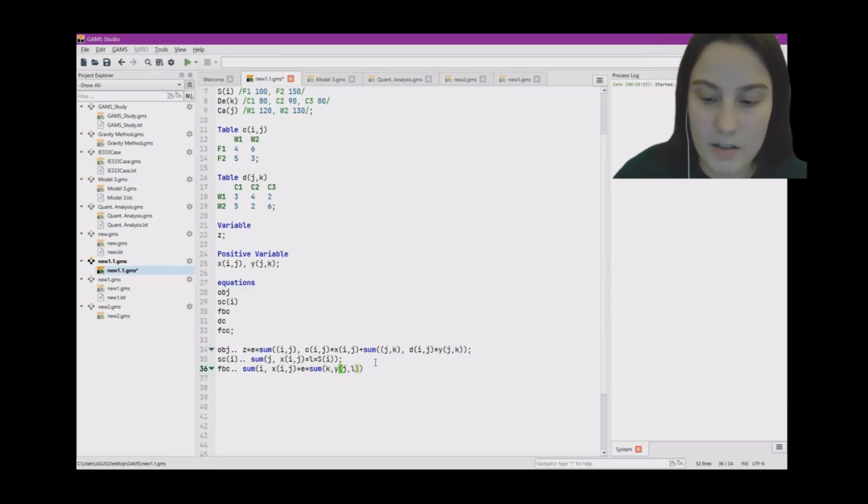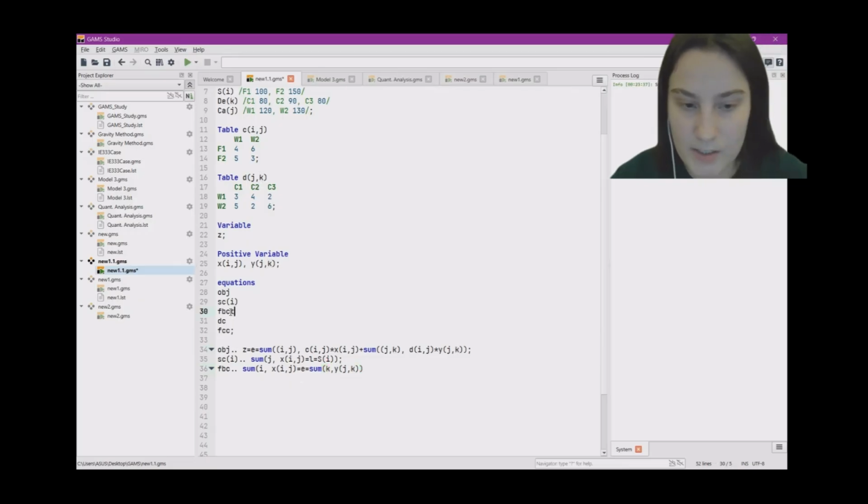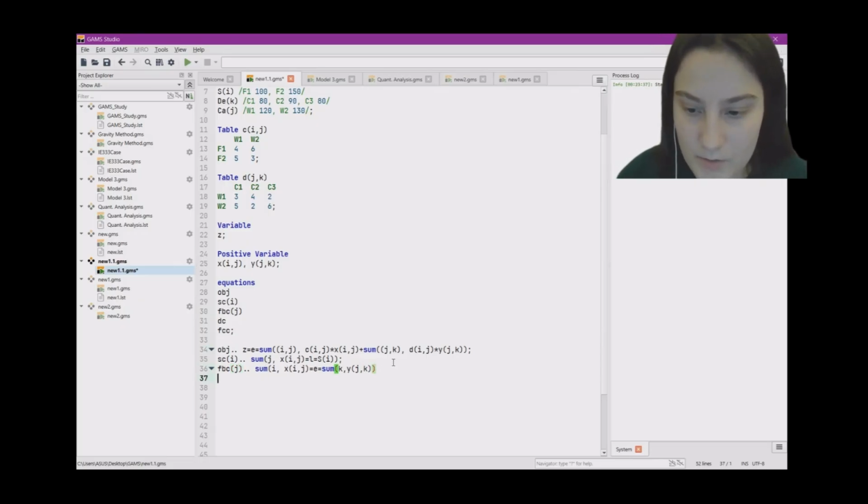So here again we have K, we have I, but we don't have the J, so that's what we're going to put here, J. Okay, then we go to the demand constraint, but first don't forget the semicolon.